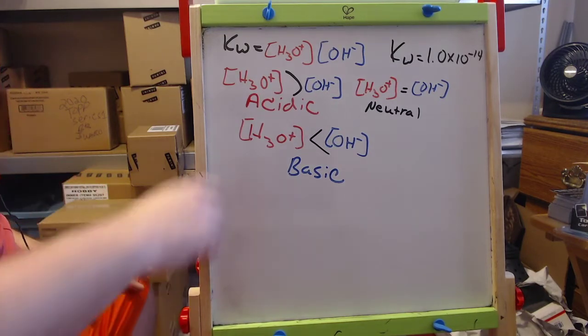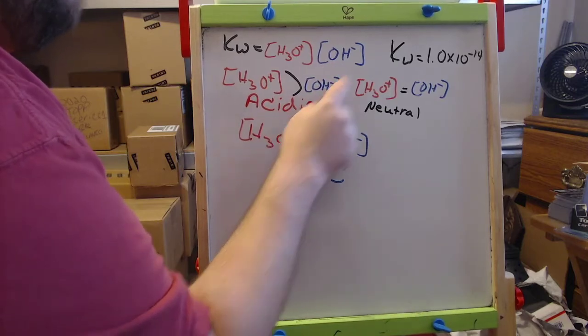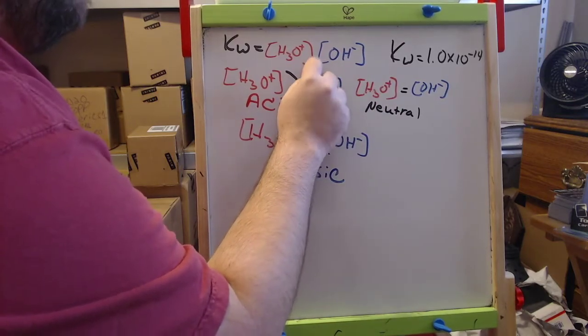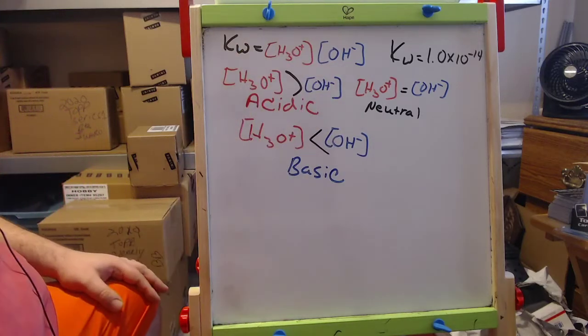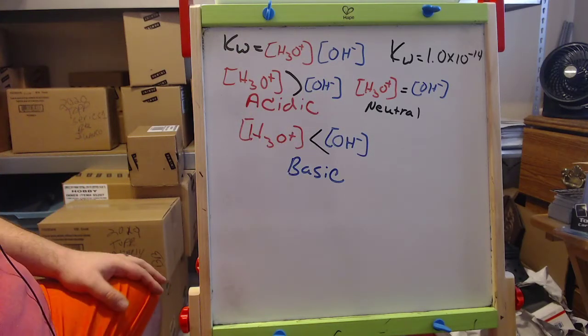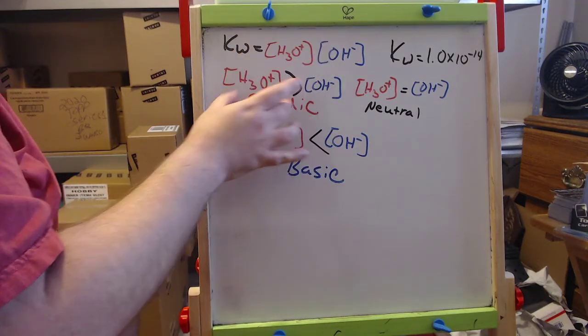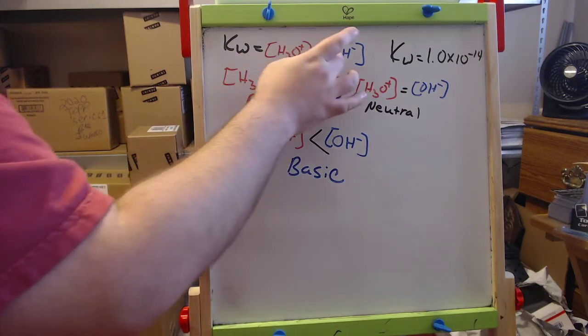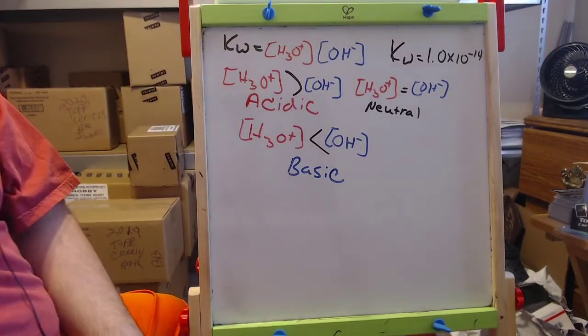If I was given just one of these and I wanted to know the other one, I would plug it into this formula. So this formula is important. If you're actually taking notes while I'm doing these lectures, this formula is important because if I'm given H3O plus, I could find OH minus using the Kw value.